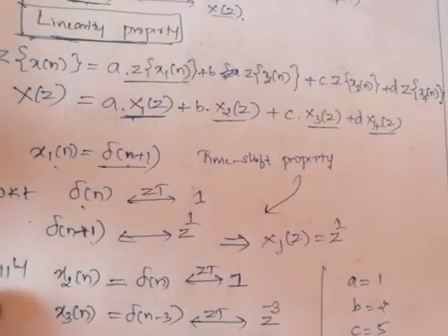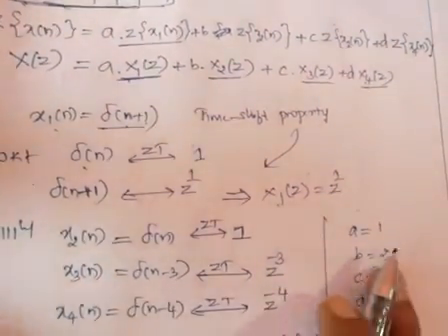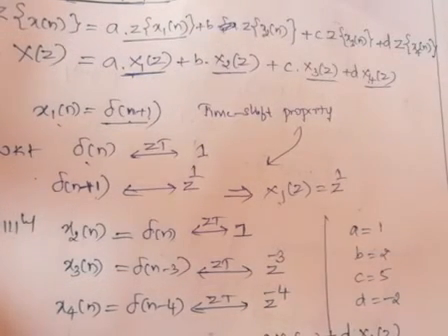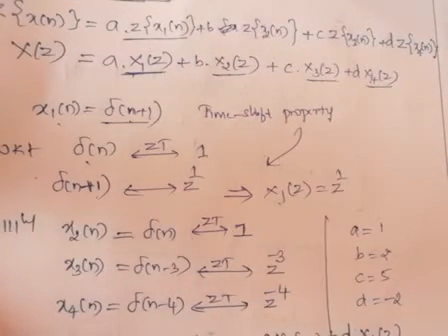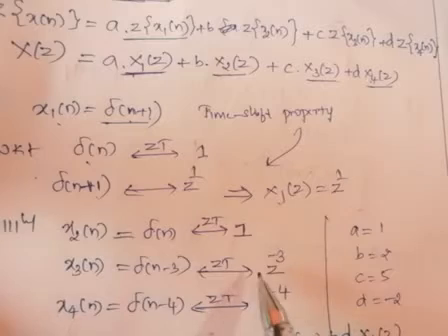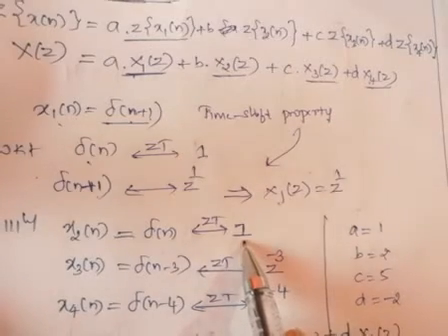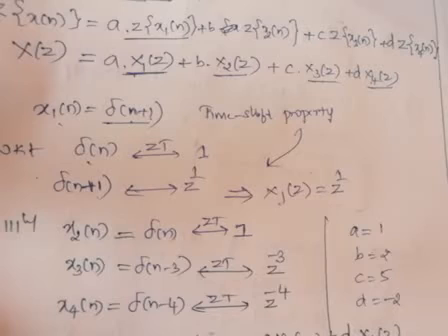Next, b is 2 into x2 of z. x2 of z is 1.